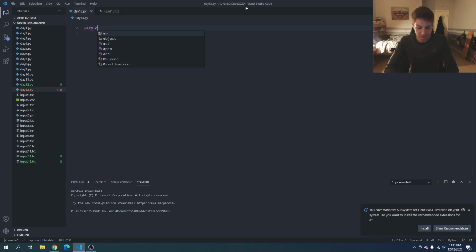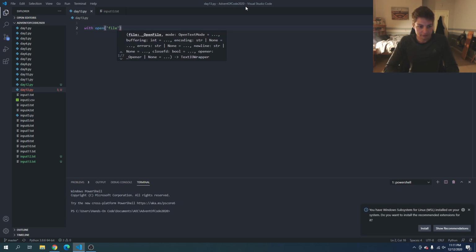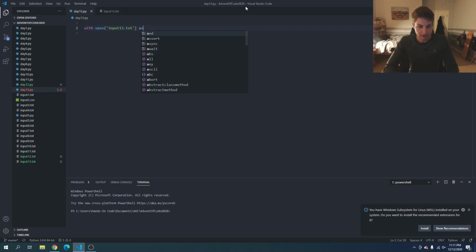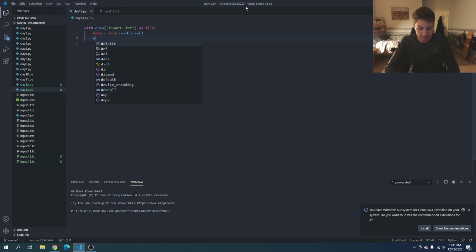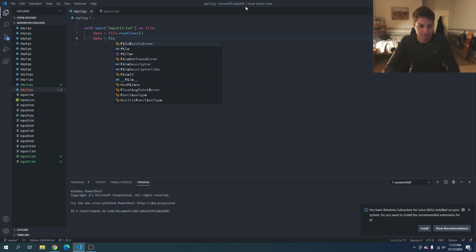So we'll say with open input 13.txt as a file. And today we'll say data is equal to file.readlines. Data is equal to line.strip for line in data.